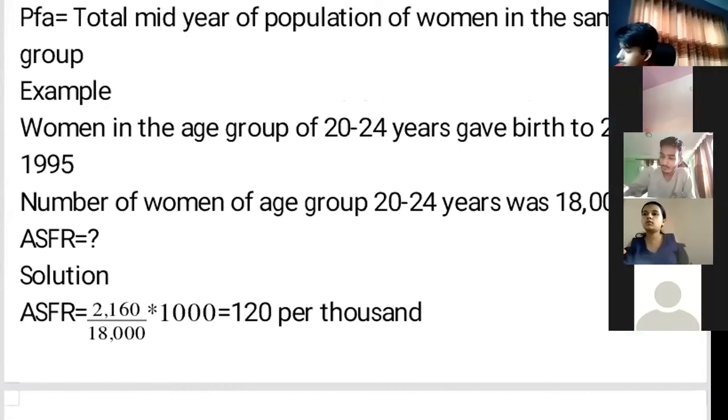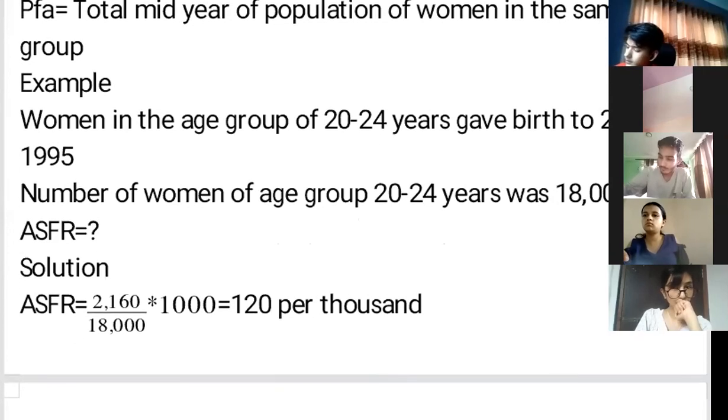So my dear students, in the same example, I just want to replace the age group. For example, women in the age group of 15 to 19, or sometimes women in the age group of 25 to 29 years, gave birth to, suppose, 30,000 in 2000, and total women, suppose, 20,000.